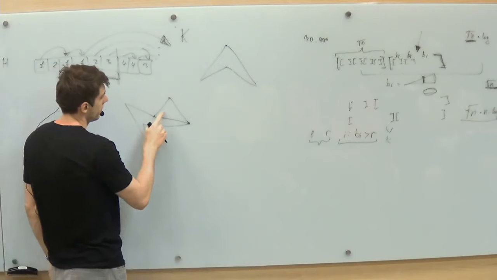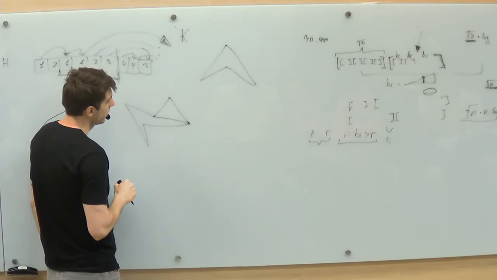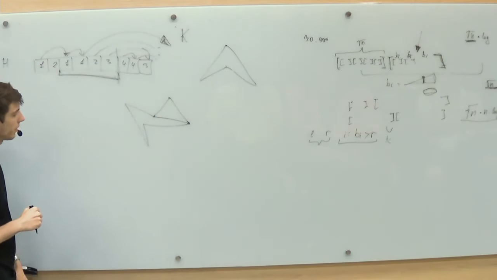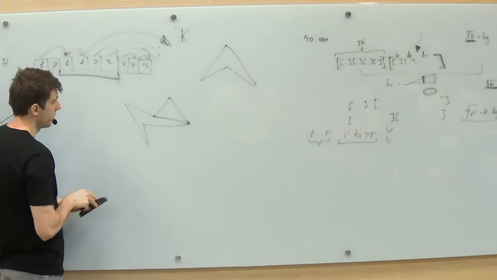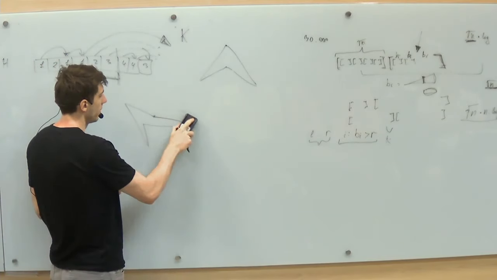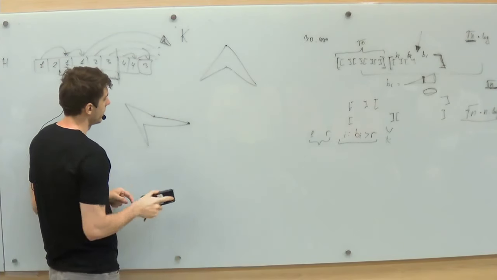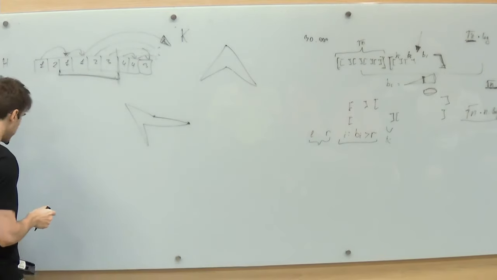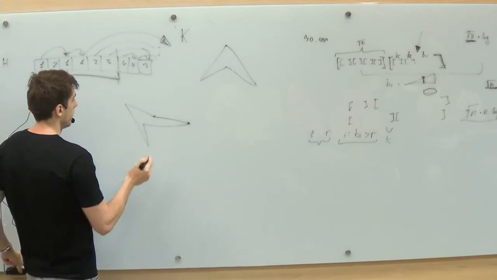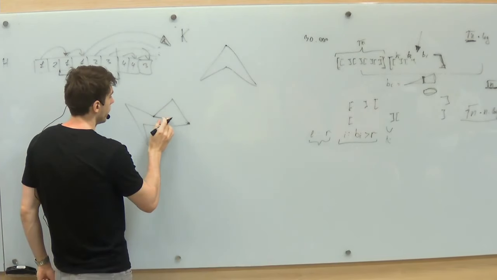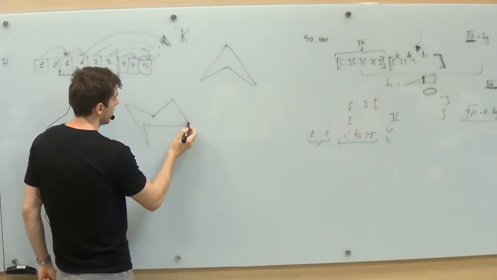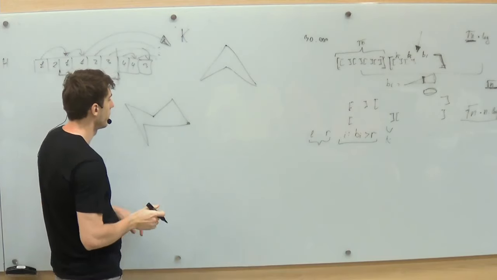So such a triangle always exists, and the algorithm is supposed to find such a triangle. After that, it will cut it out and proceed with the rest of the polygon. So the first question is how we are going to check whether the triangle is good or not. Can we cut it or not?